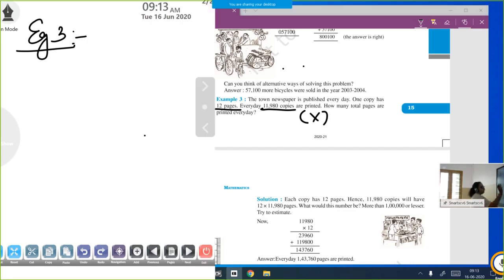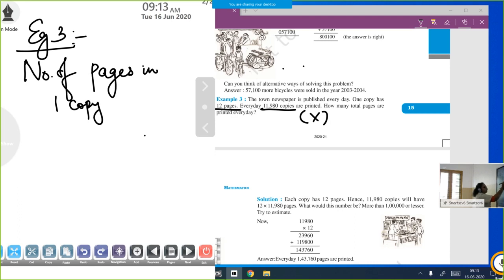Okay, teacher is going to write that one. Number of pages in one copy. So in one copy there are 12 pages.